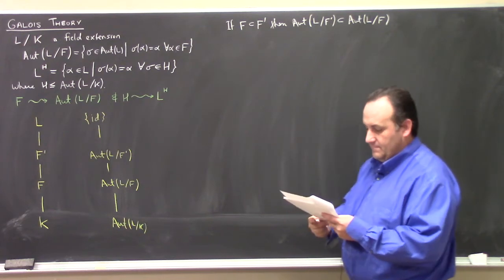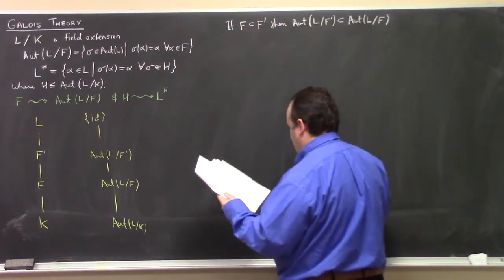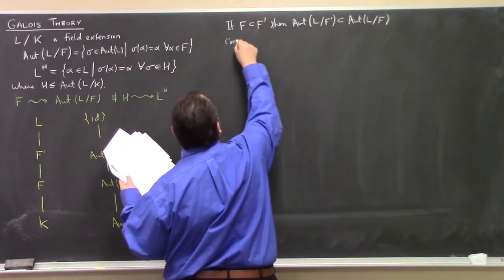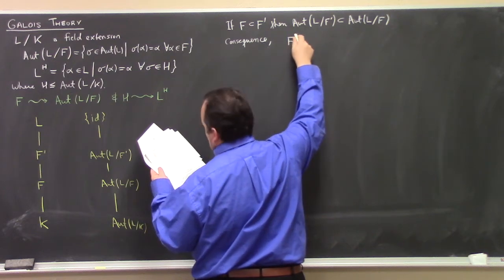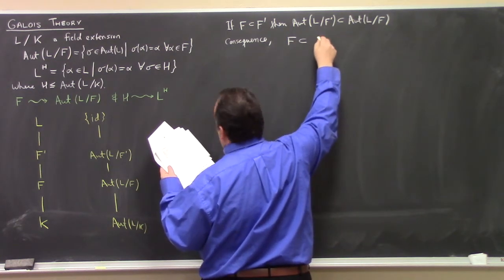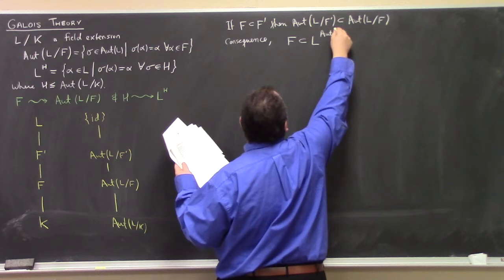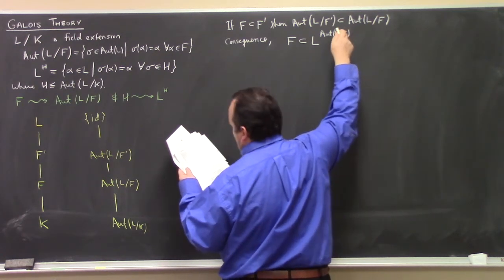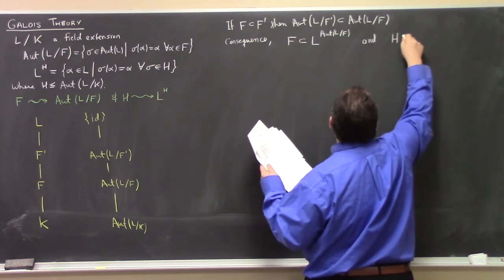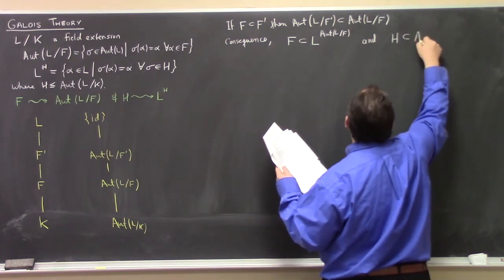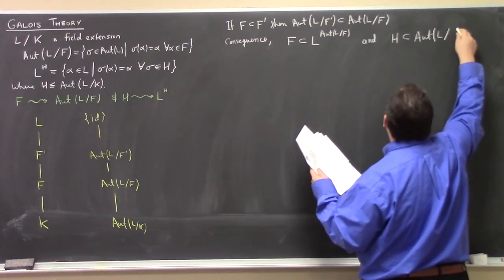Another thing, by the way, consequence of these ideas that we've talked about before, but it's good to write again, is that you can see that F is going to be a subfield of the fixed field of the automorphism group of L over F. And you can also see that H is going to be a subset of the fixed field fixing automorphisms of, so this.